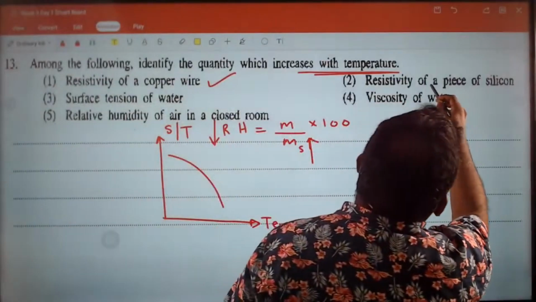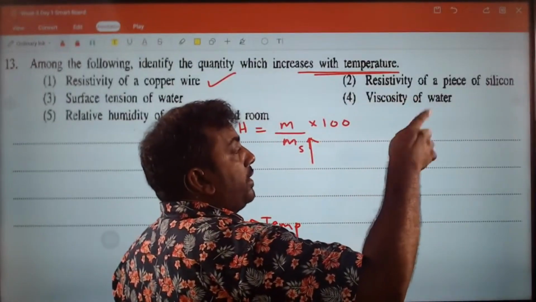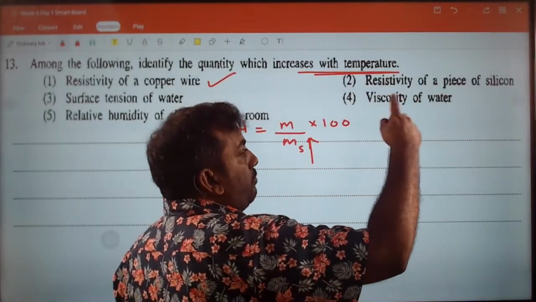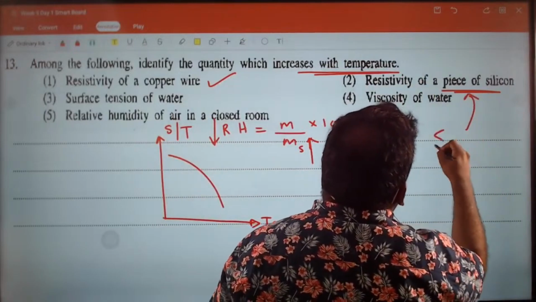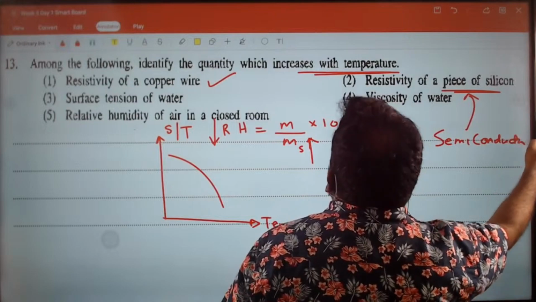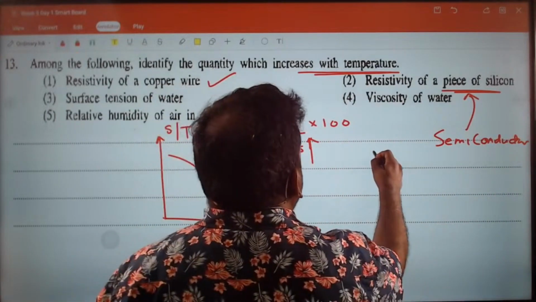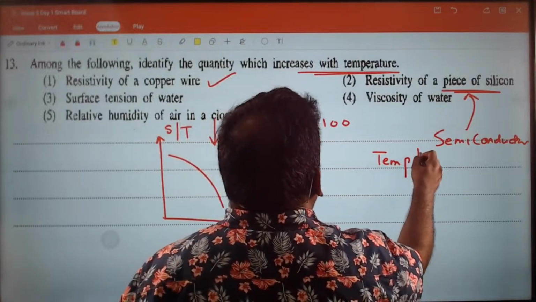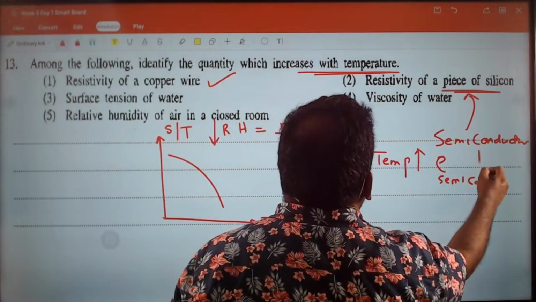Resistivity of a piece of silicon, be careful. Temperature increases, more electrons are there, conductivity increases. This is a semiconductor. Temperature increases, resistivity of a semiconductor will decrease.